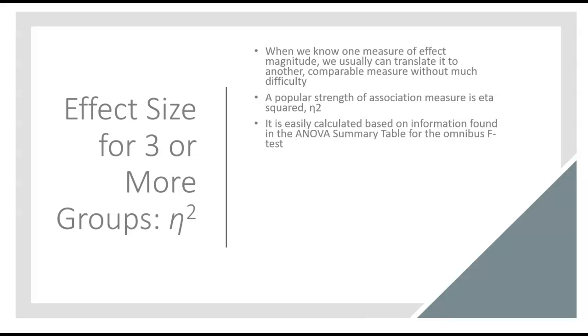The ANOVA table provides you with the basic information that's required for the eta squared test. What the eta squared value does is give you a proportion of variance in the individual participant scores that are due to the independent variable manipulation, or the group assignment in a natural group setting.